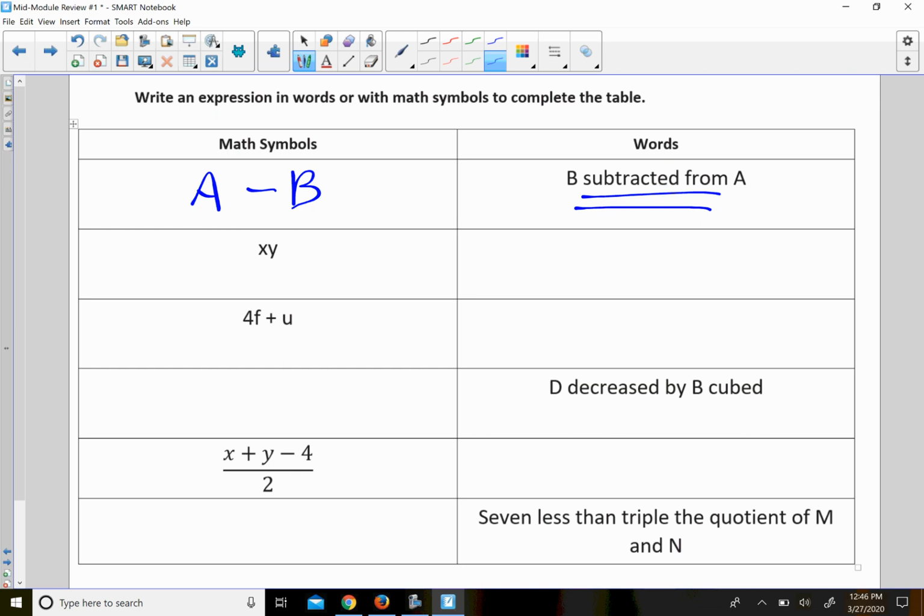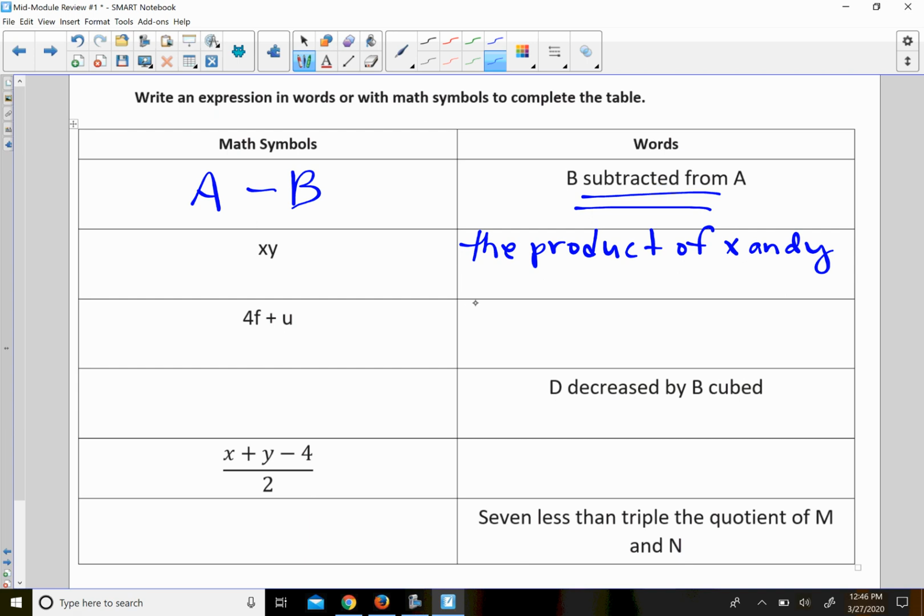All right, next one, we have some invisible math going on. We have x times y. I might go with the answer to multiplication. So I'm going to say the product of x and y. Now the third one here, I have some invisible math going on again. 4 times f plus u. I don't want to use the word the product again, just to get some more vocab going on.